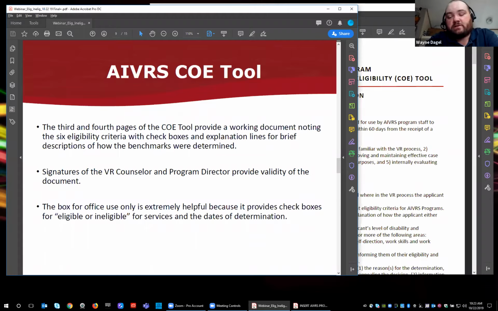When I was a director, anytime we trained somebody new, it was a 30 or 60-day period of time where I would check their work after the training was complete. I would just review the cases quarterly or at a staff meeting if there's any issue. So it's per program, per director. And then the box for office use is extremely helpful because it provides that checkbox for the eligible or ineligible determination and the dates of that determination.